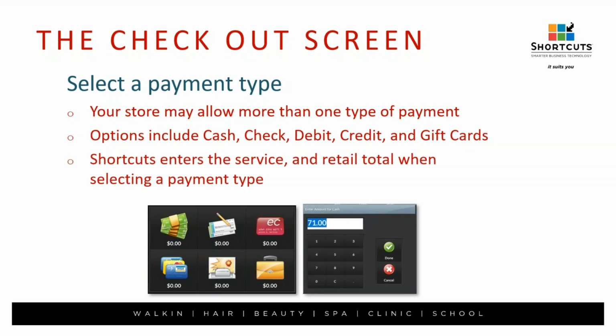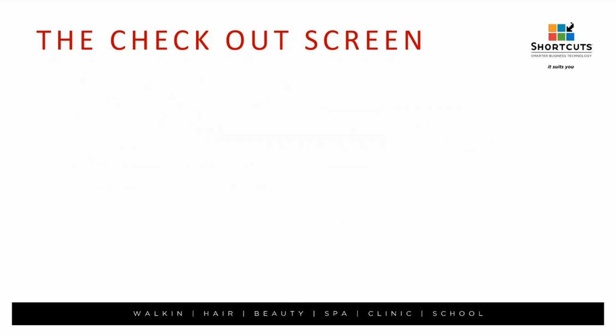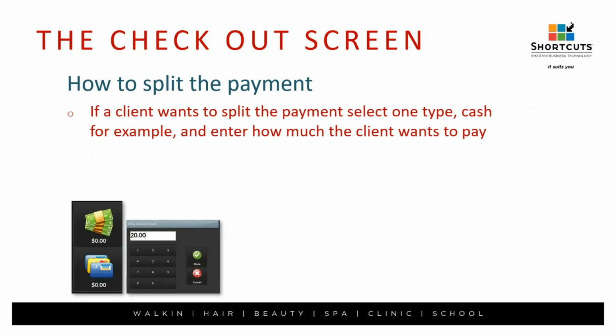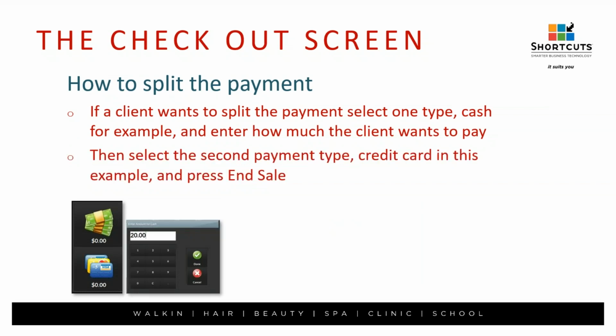So we looked a little bit at our payment types: cash, check, credit card, gift certificate. So splitting the payment. Let's say the customer wants to pay part of their transaction in cash, part of it using a credit card. So how do you do that?